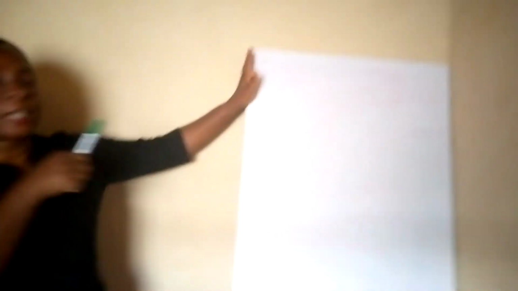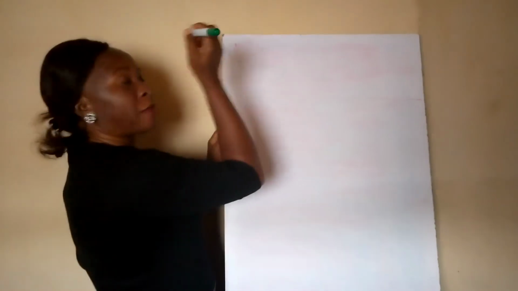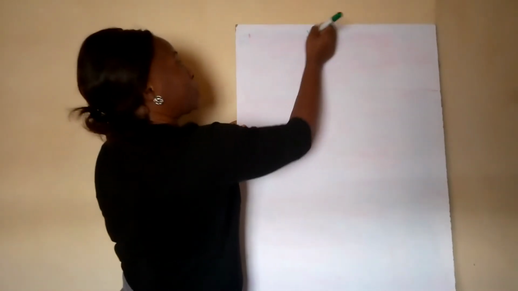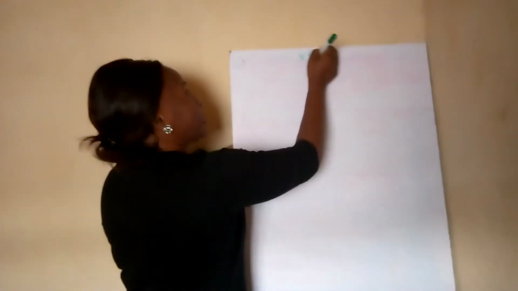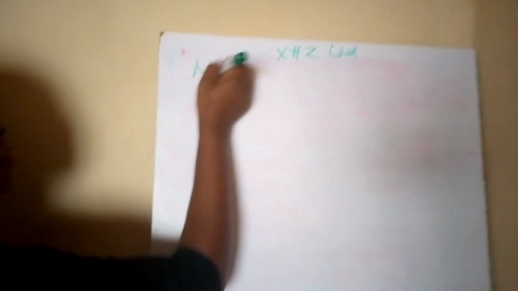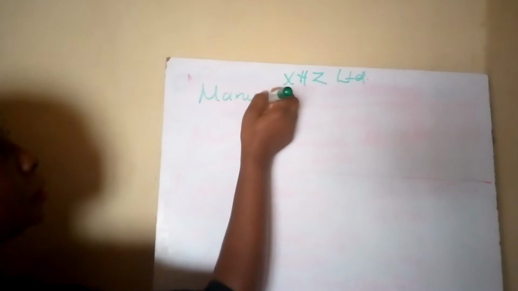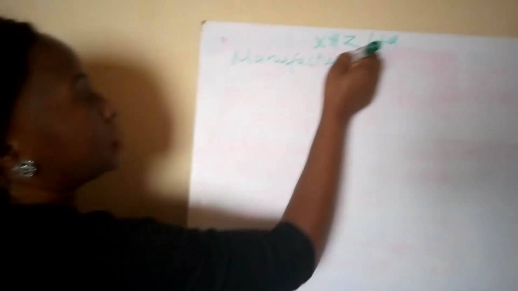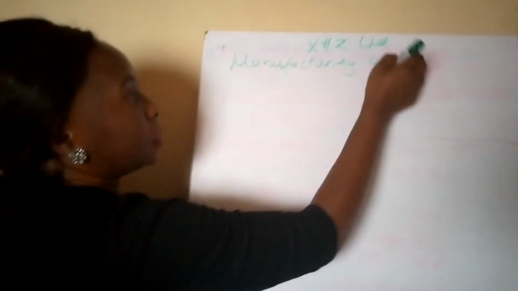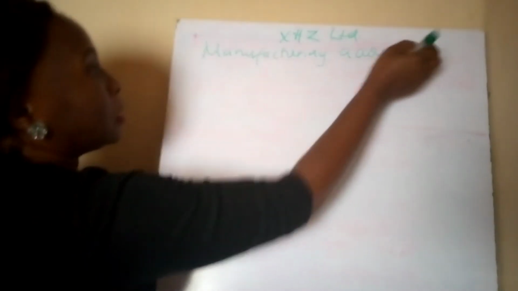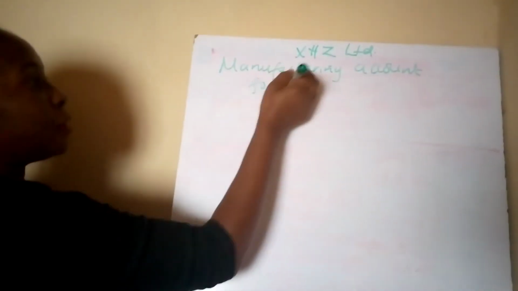Account. And we first of all have the title of the company, XYZ Limited, and we have to have the manufacturing account as the title. And the year, for the year ended.